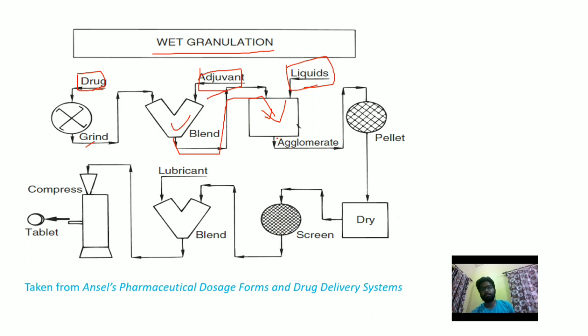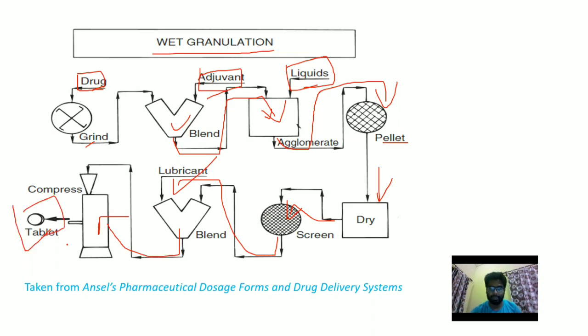The dough will go for further size reduction, I mean pellet formation. After that the pellets will go for drying. After drying, the granules will be screened, and then blended with lubricants. After lubrication, it will go for compression, and finally you will get tablets.